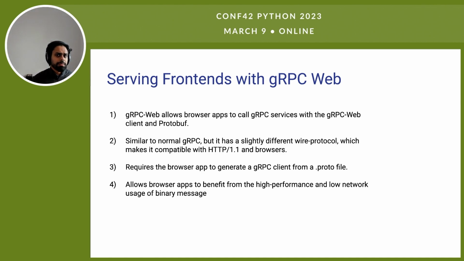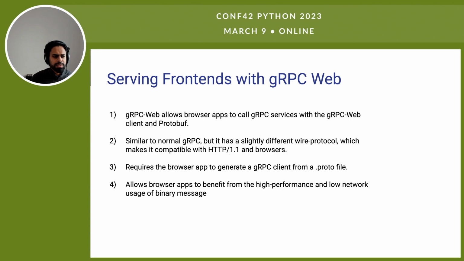In order to get over this limitation, something called gRPC Web was developed. gRPC Web allows browser apps to call gRPC services using the gRPC Web client and protobuf. It is similar to normal gRPC, however, it is a slightly different protocol. It supports HTTP 1.1 as well, making it compatible with most modern browsers.